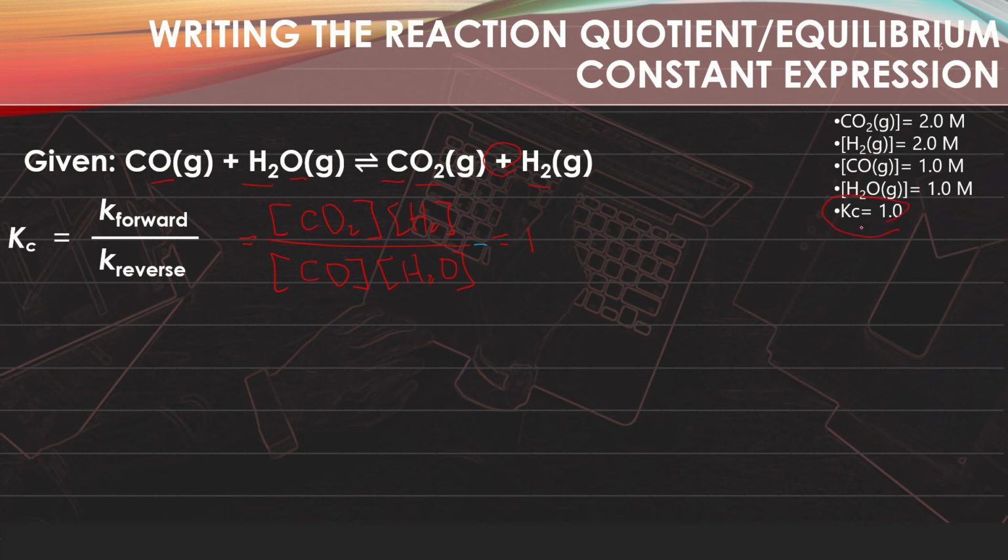As stated here. Next is we have to identify our value for the reaction quotient. So, QC is equal to, same lang po sila, CO2 H2 over CO and H2O. Next, substitute the values. For CO2, it is 2 molar concentration.